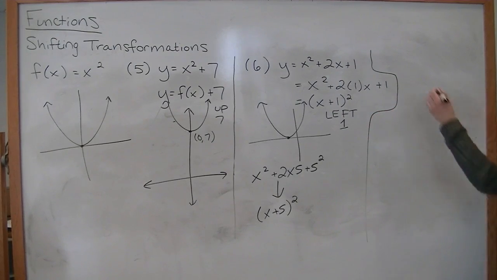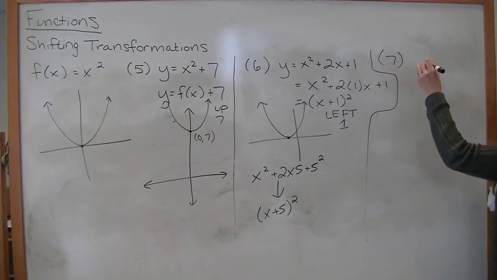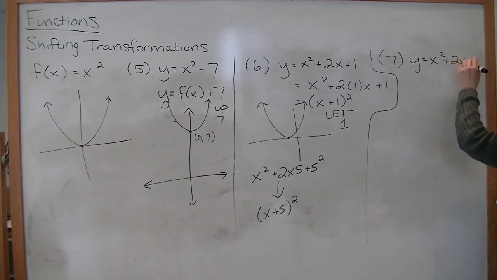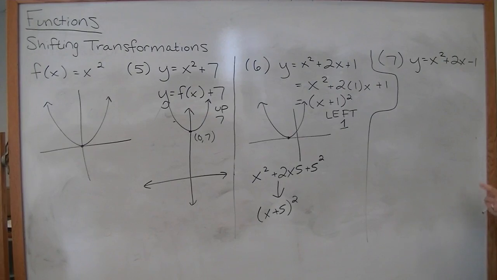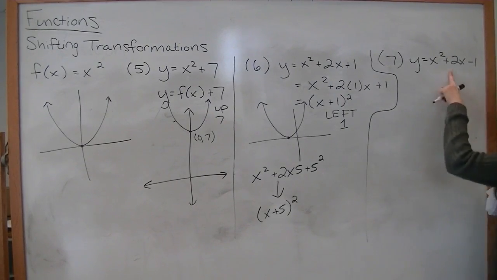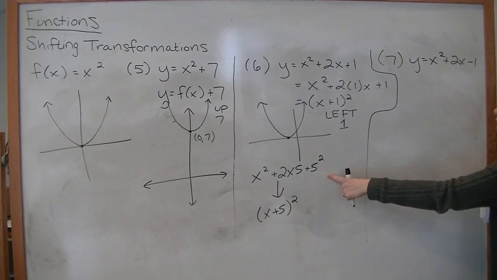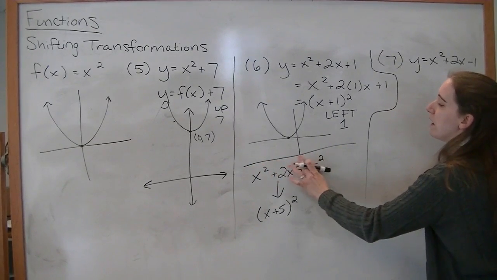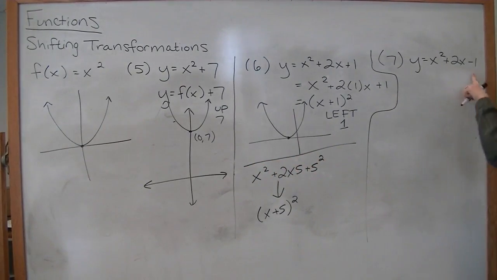Okay, one last example. Let's take y equals x squared plus 2x minus 1. So notice that this does not have the form we want yet, right? Because it's always going to be plus s squared, and here we have a minus 1.